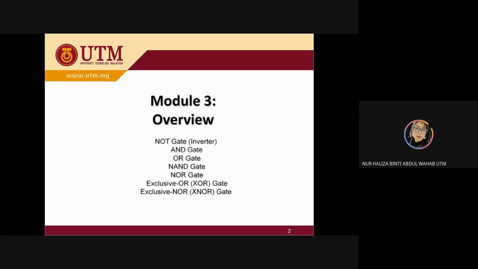Okay, so we have three basic gates: NOT, AND, and OR. So this is the basic gates. From these basic gates, we can also get combinations for other gates, which are NAND and NOR. NOR is a combination of OR and NOT gate, while NAND is AND and NOT gate. Exclusive OR and exclusive NOR are also combinations of AND gate, OR gate, and NOT gate.